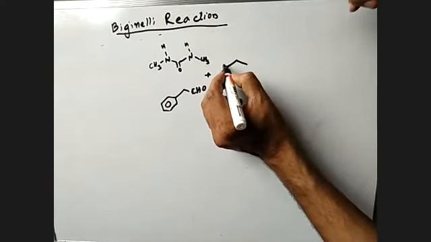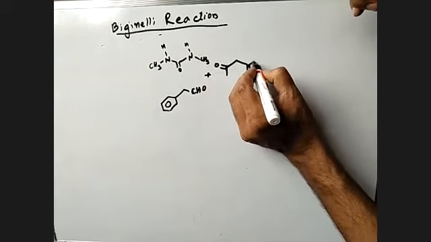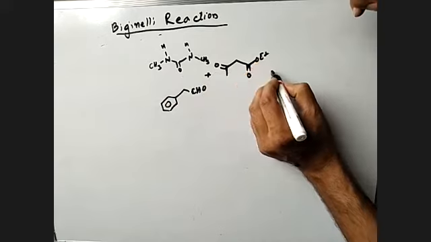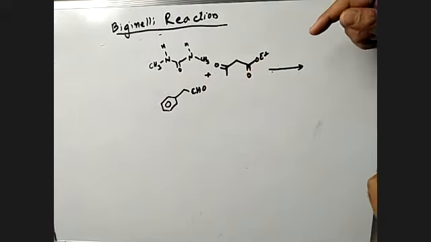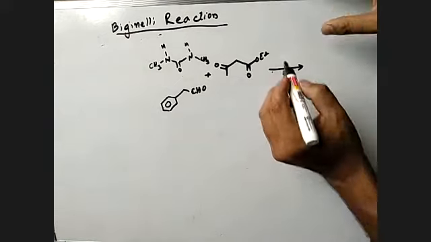So maintain like this, beta keto ester, and you just add a small amount of acid, or many compounds are there, you see, TMSCl.